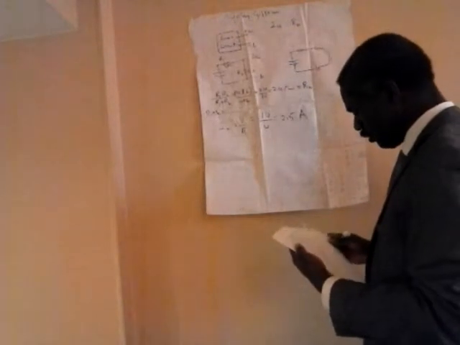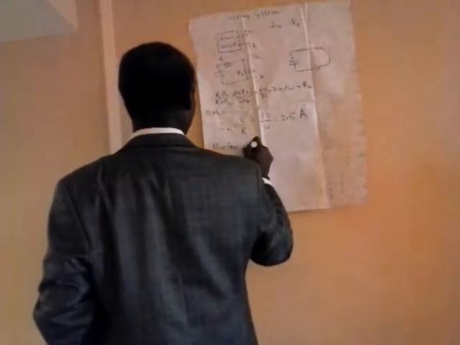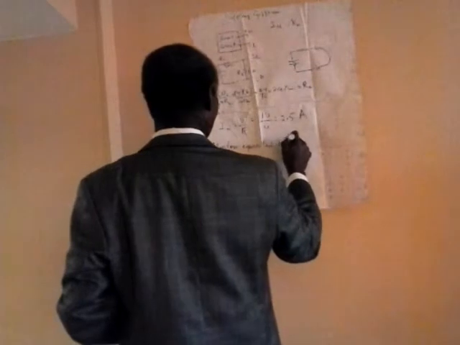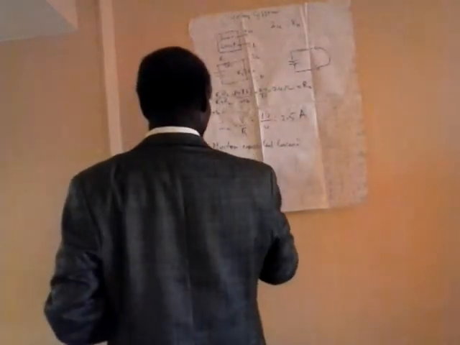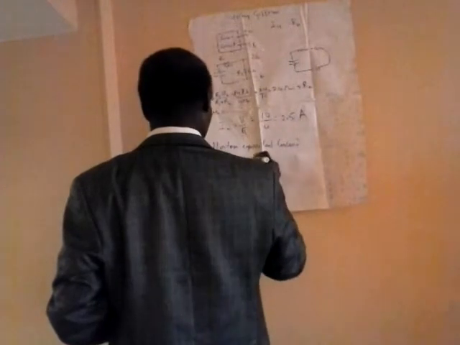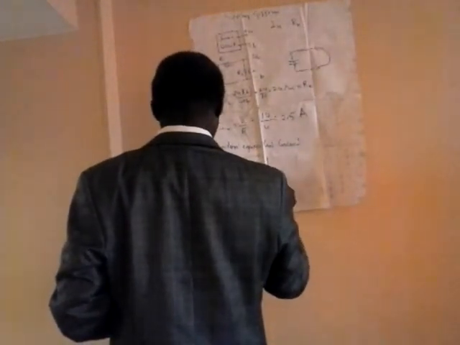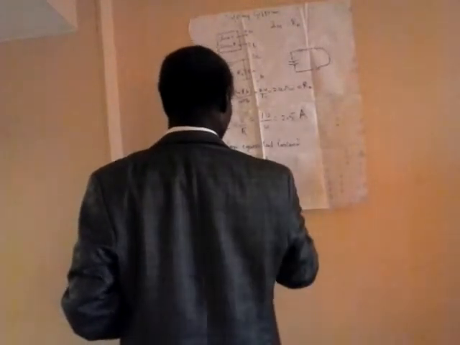Now, the Norton equivalent circuit would be: draw the current source here, and this is I Norton, which we calculated to be 2.5 amps, in parallel with the 2.4 ohms that we calculated here.